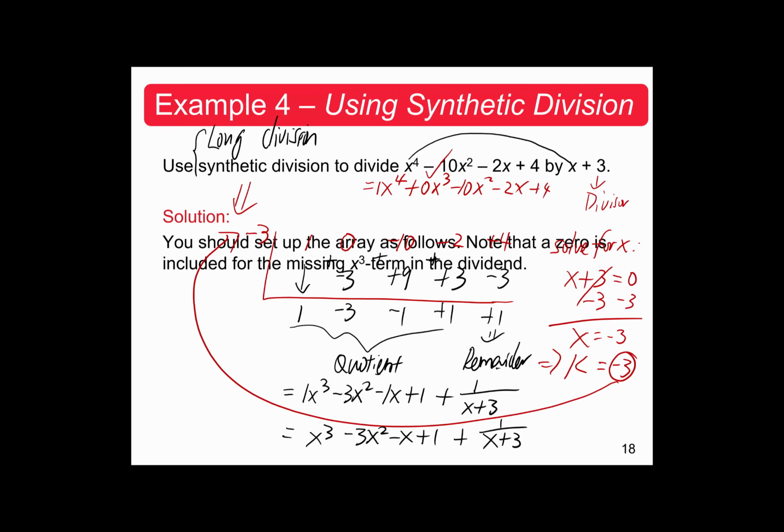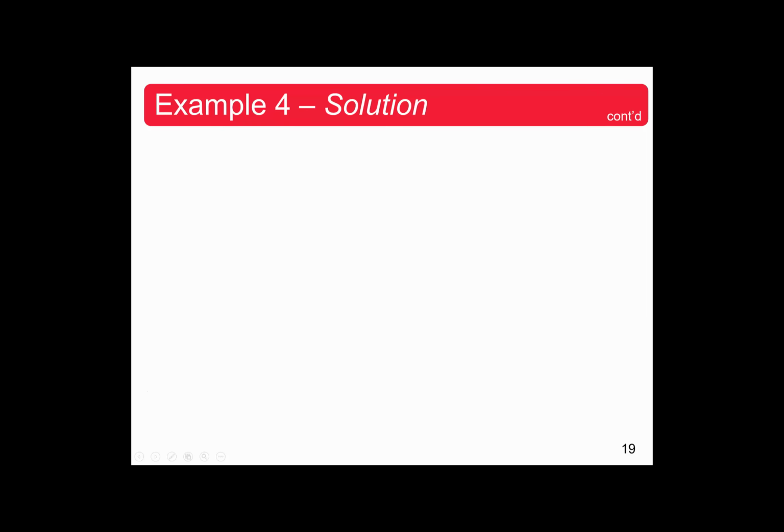So that means if you try, let's copy the function here: x to the fourth minus 10x squared minus 2x plus 4 over x plus 3.